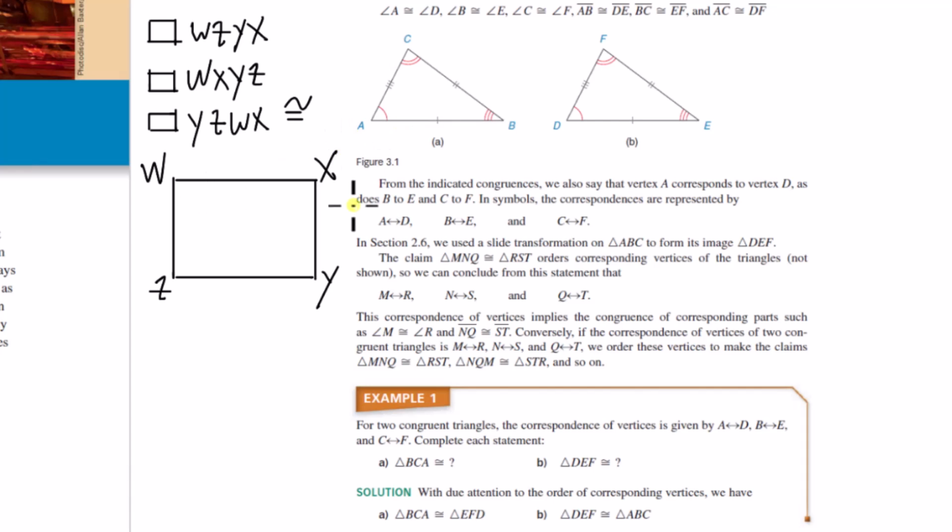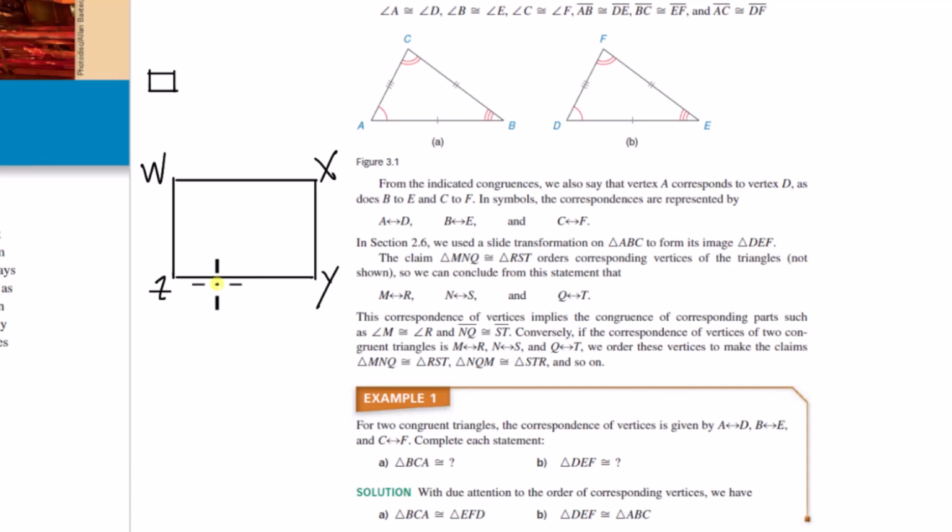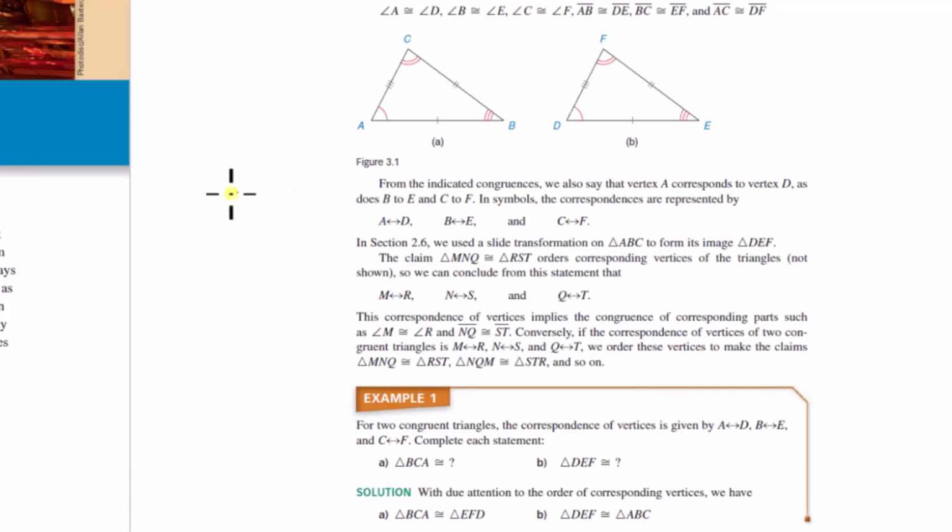But just in general, if you're not associating this rectangle with something else, then it doesn't matter which vertex you put first or what order you walk around the rectangle, as long as it's consecutive. Okay? All right.